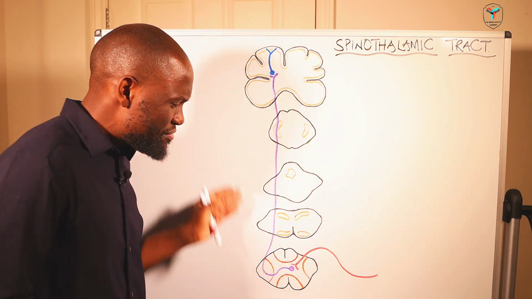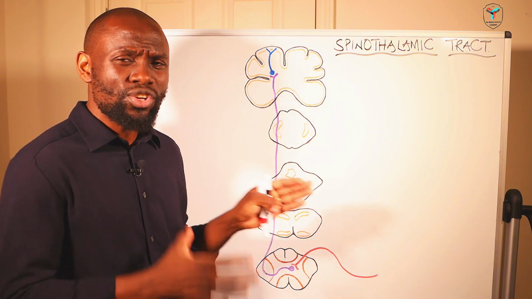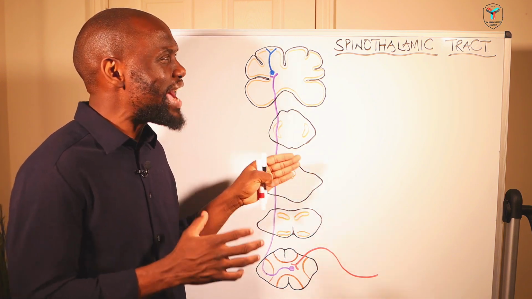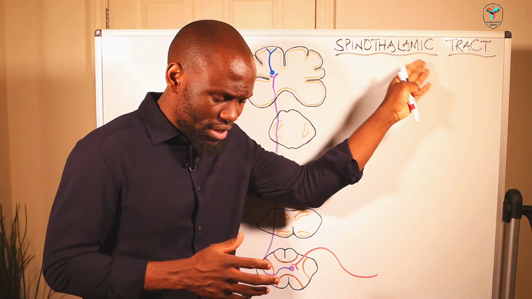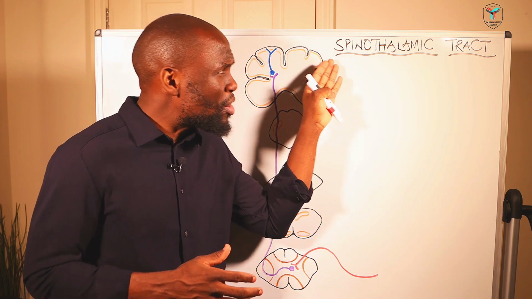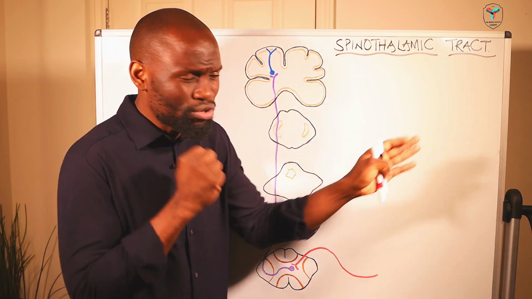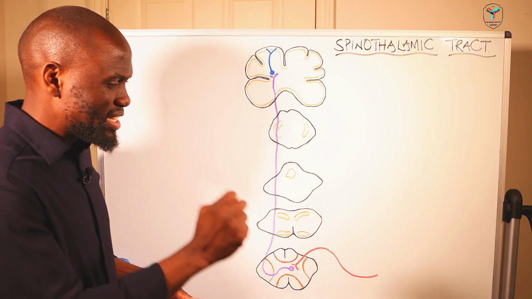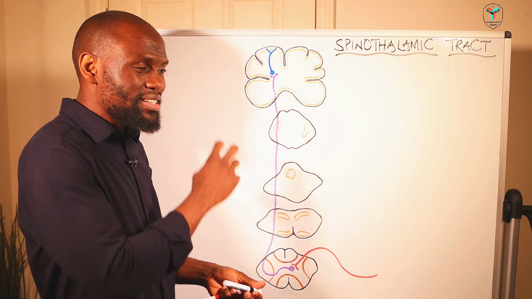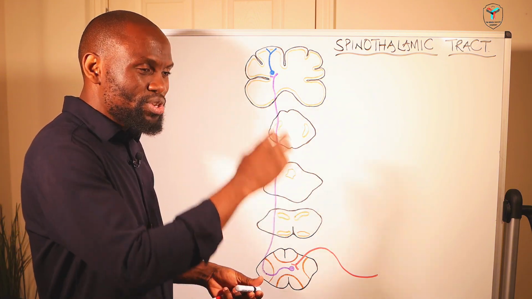And I have drawn a very simple diagram here that is going to help us to understand what the spinothalamic tract is all about. But before we dive into the spinothalamic tract, let me draw your attention to what is referred to as the anterolateral system.